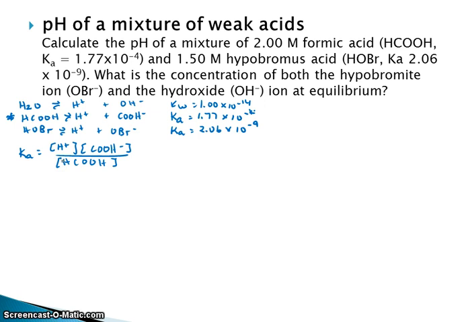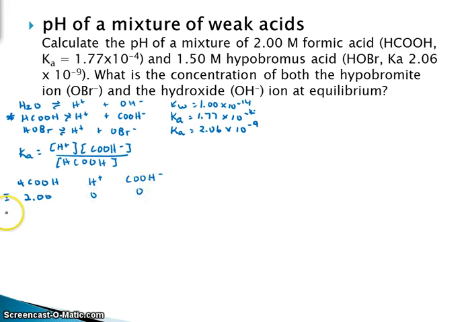Next step is going to be to write our ice chart. So we have our formic acid, our hydrogen ions, and our formate ions. Our initial concentration for the formic acid is 2.00. Initially, there's no hydrogen ions and there's no formate ions.